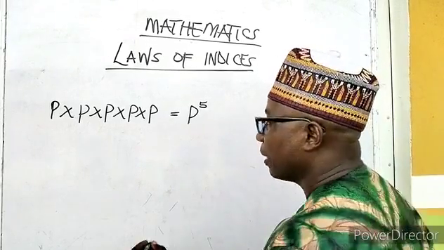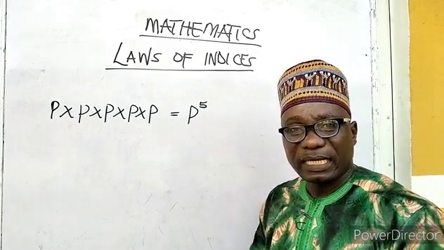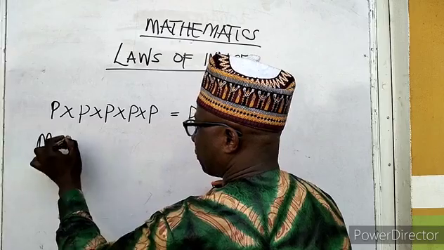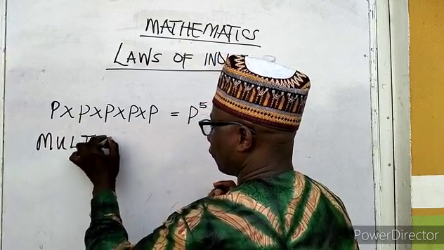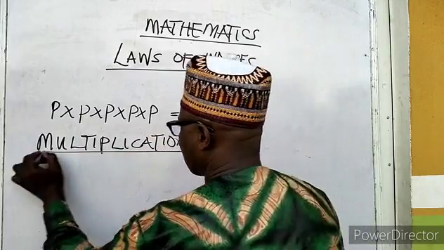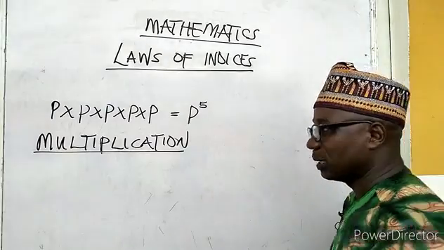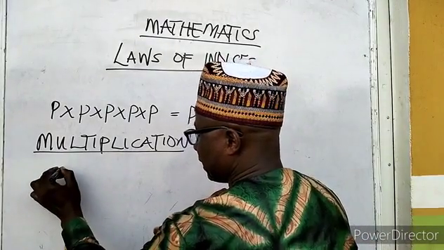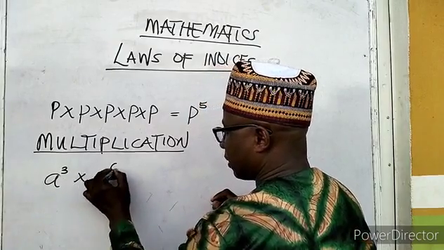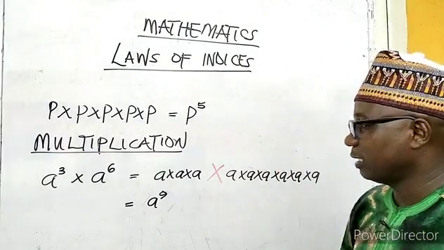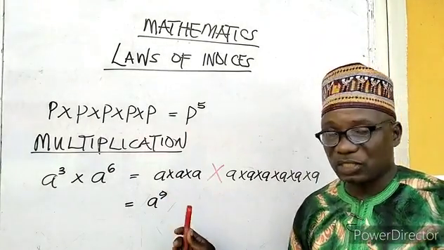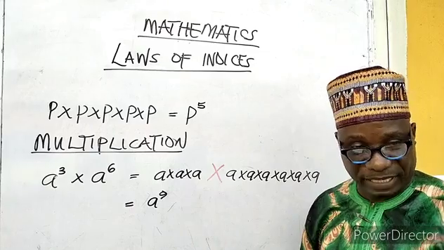Very good. Now, let us consider the operation of multiplication. For example, A raised to the power of 3 times A raised to the power of 6. If we now add the two powers together, we have A raised to the power of 9.